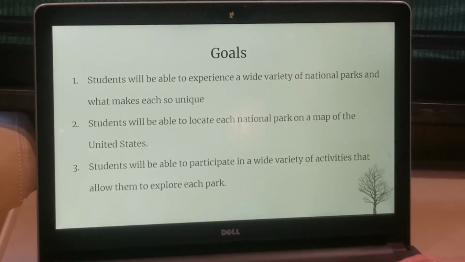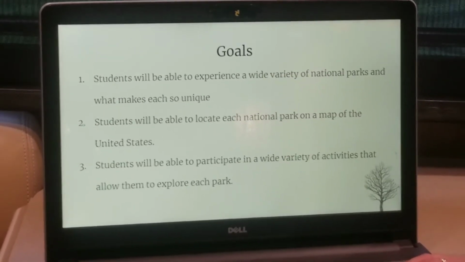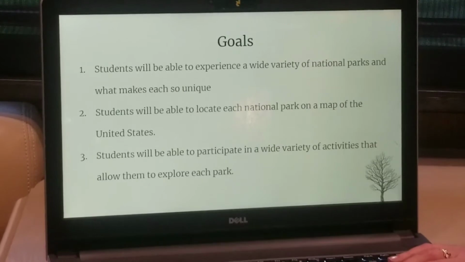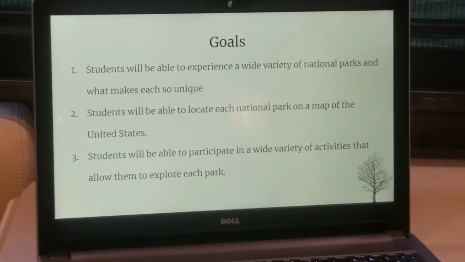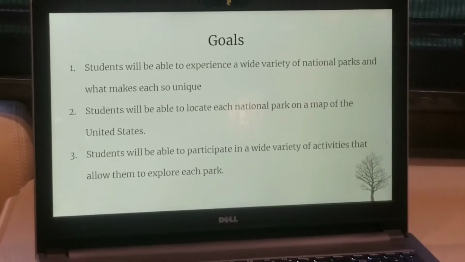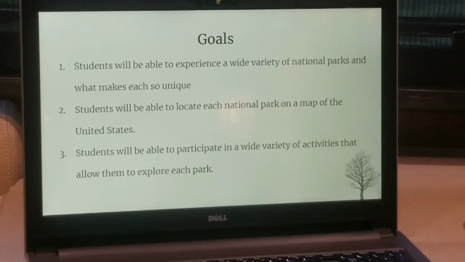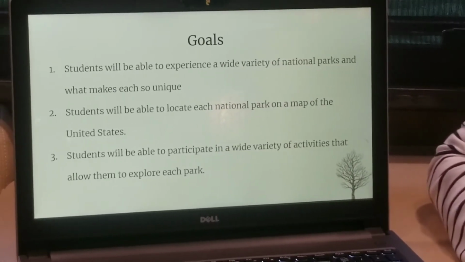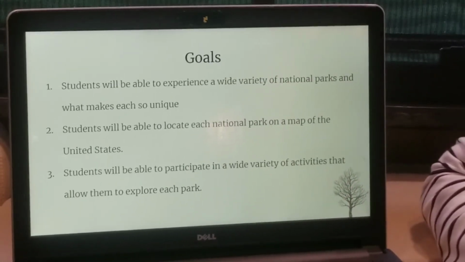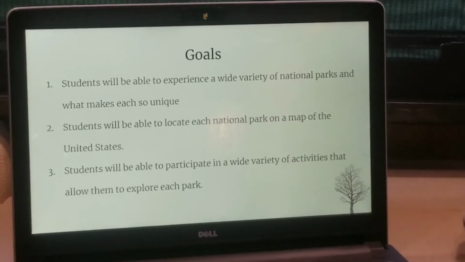And third, students will be able to participate in a wide variety of activities that allow them to explore each park. Examples of these activities are writing a review, building a bridge, a salt and flour map, art that is reflective of a Native American tribe, and hiking and exploring.